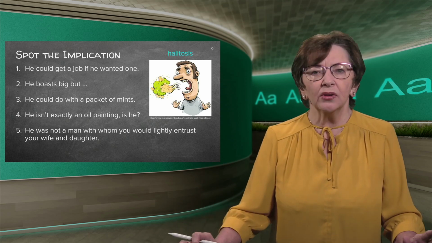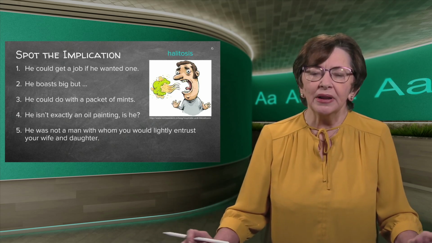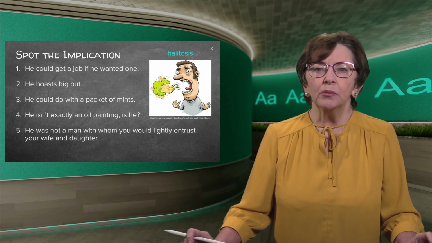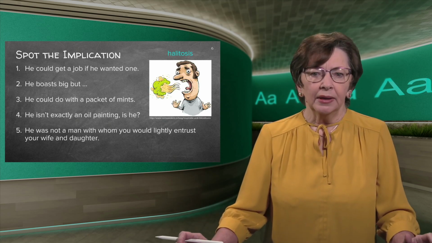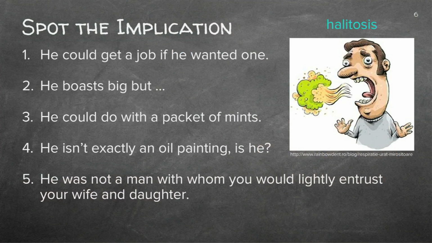Just on a very common, everyday level, we use this kind of implication every day. For instance, look at this sentence. If we say to somebody, he could get a job if he wanted one, we are saying one thing and we are implying another.